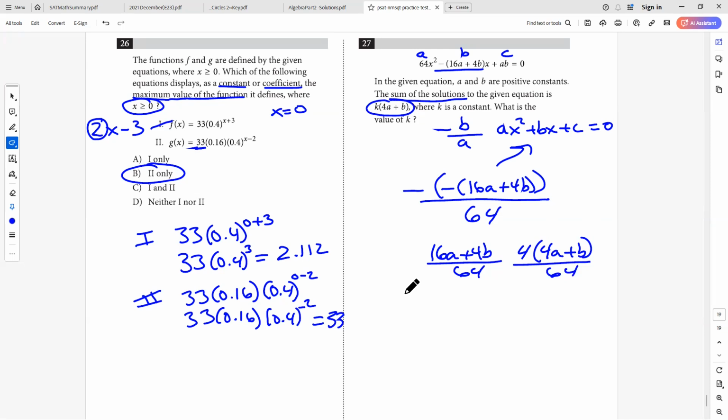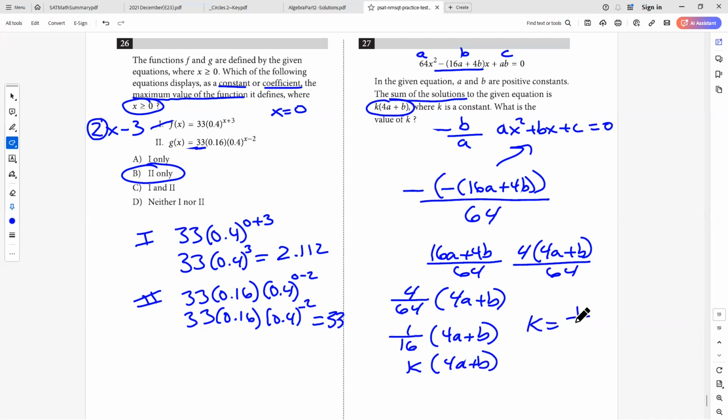I can rewrite that as 4 over 64 times 4a plus b. If I want to reduce it, you don't have to, but that's 1 over 16. So now we have it in our form that we want, k times the quantity 4a plus b. So k would equal 1 over 16.